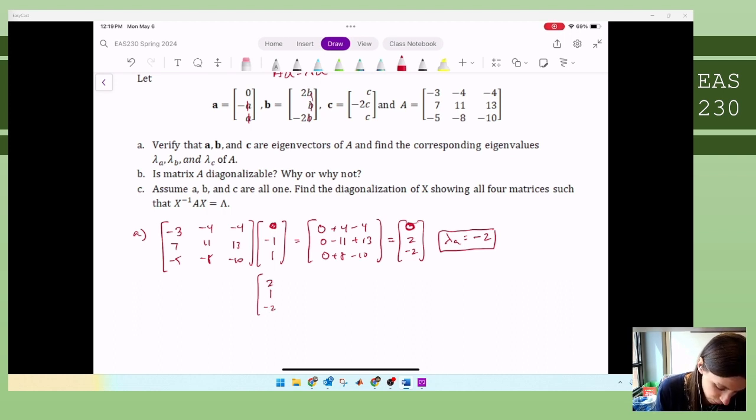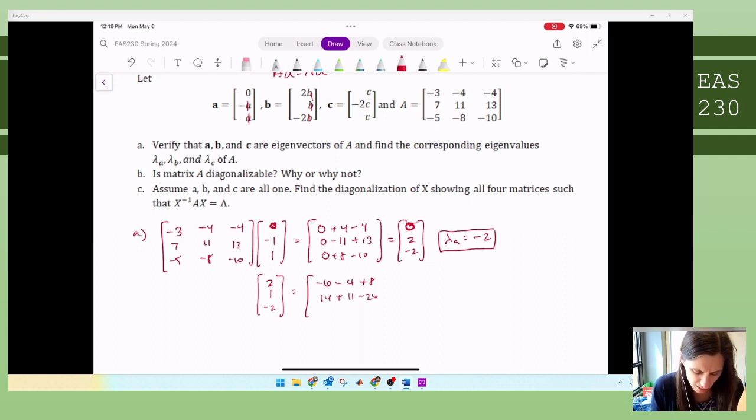2, 1, negative 2. When I do this multiplication, I get negative 6, minus 4 plus 8, 14 plus 11 minus 26, 10 minus 8 plus 20. Negative 2, negative 1... nope, that should be negative 10, 2.